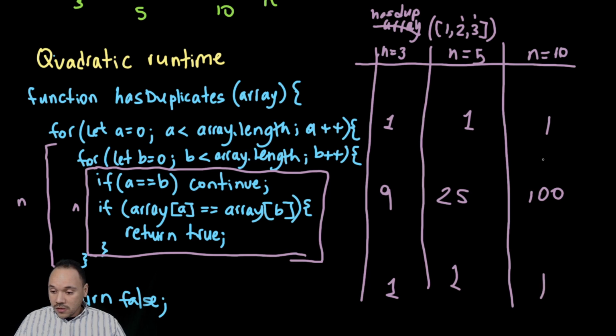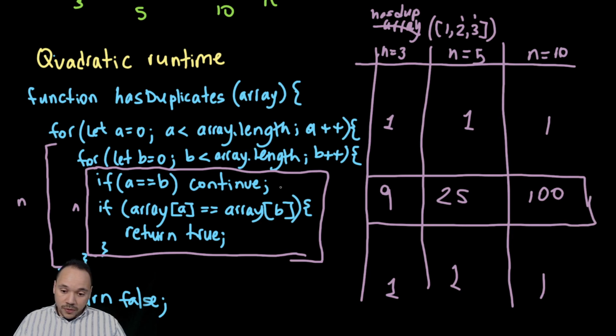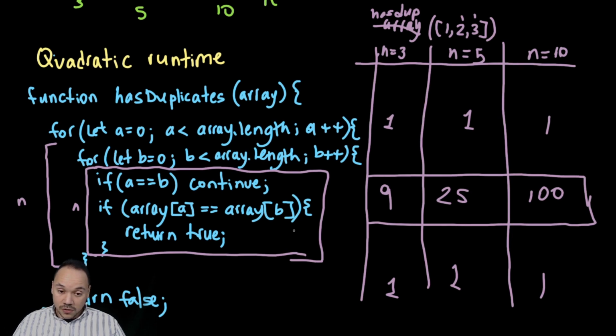So as you can see, this is the main part, and as we figured out, it is n squared. Whatever you have, this part is going to do the most computations, and it's going to be n squared.